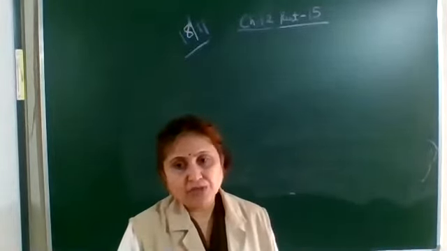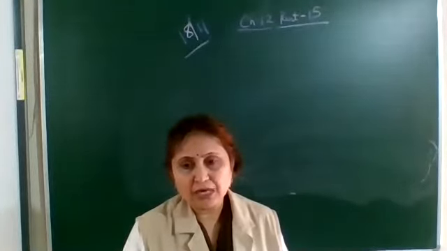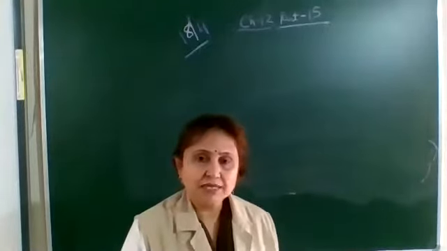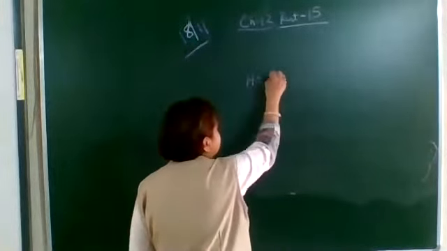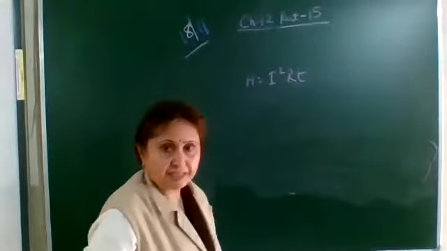Then we found, in terms of V and R, heat energy is equal to V square upon R into T. In terms of I and R, heat energy is equal to I square into R into T. This expression we call Joule's law of heating effect.